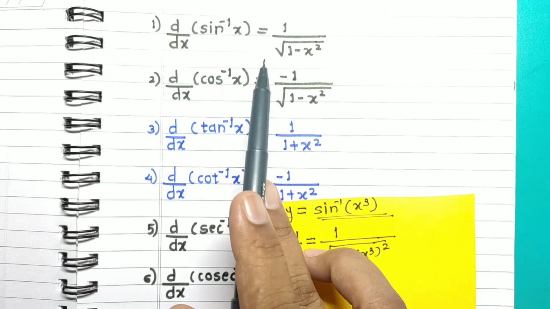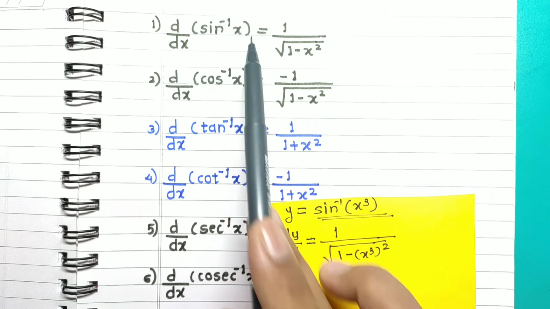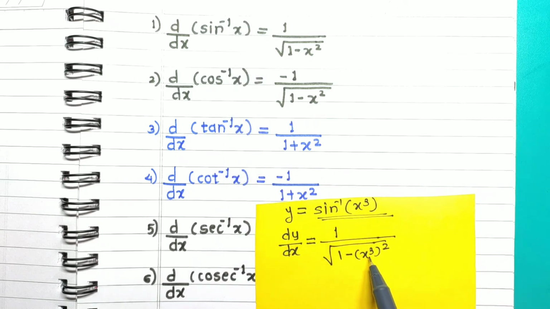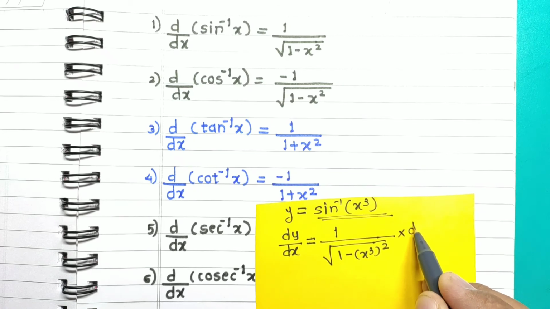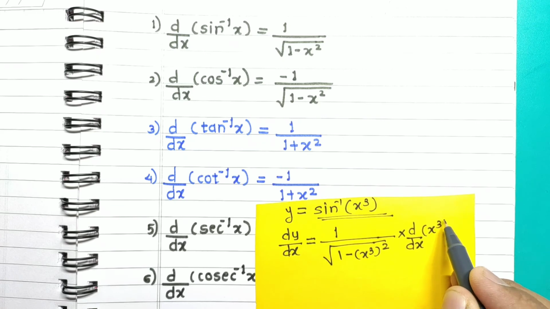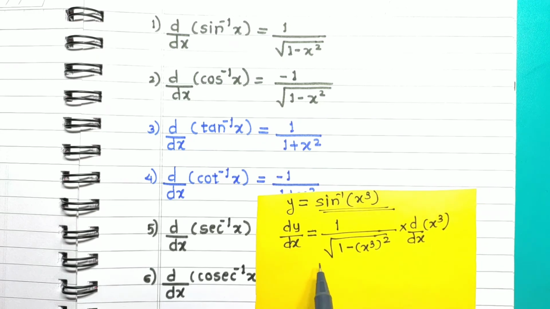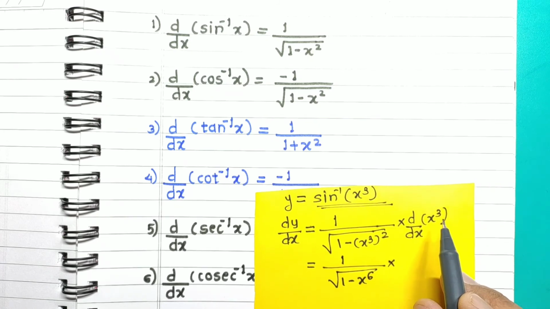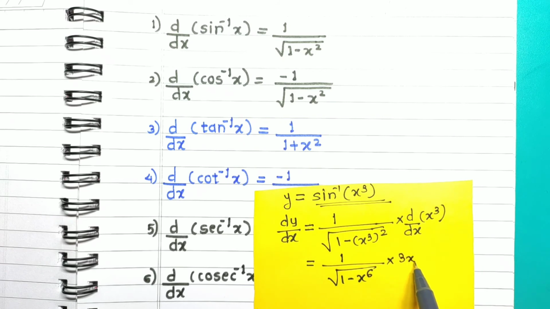In this result, x is replaced by this something function x cube, and we have to multiply the derivative of this something which is x cube. So here we have 1 upon square root of 1 minus x raised to 6, this x cube square is x raised to 6, into derivative of x cube which is 3x square.